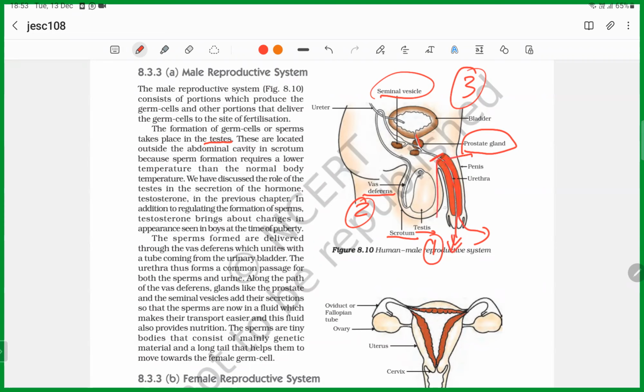And the next portion is called the external genitalia, which is erectile in function. So the fourth important component, the external genitalia, helps in insemination, means introduction of seminal fluid to the female reproductive tract. Okay, so that is about the male reproductive system.